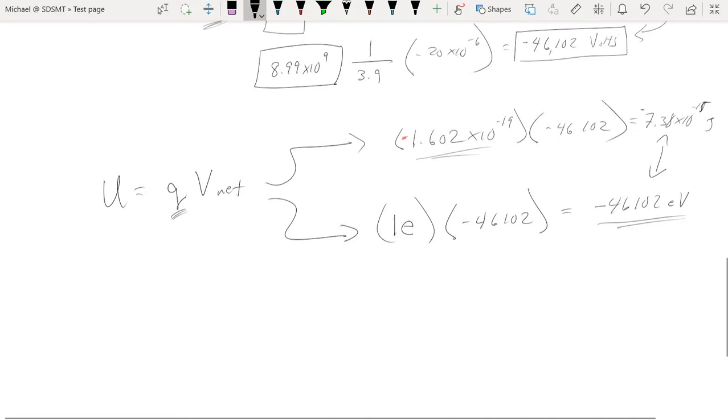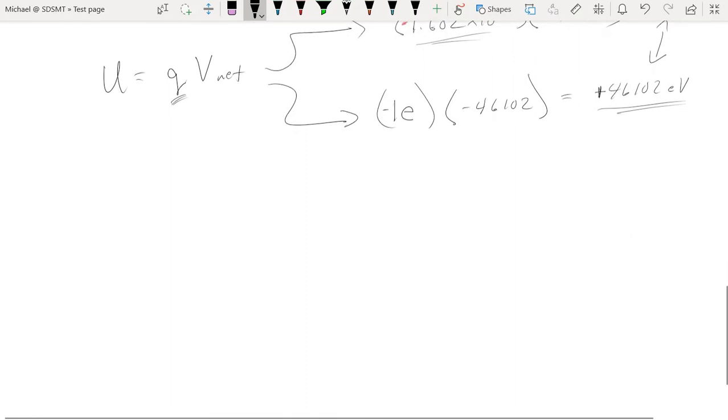That combined with the negative potential is just going to cause a positive potential energy. Likewise, in the second expression, the electron has a charge equal to negative 1 elementary charge, paired with the negative voltage of the system, which provides a positive potential energy of 46,102 electron volts.